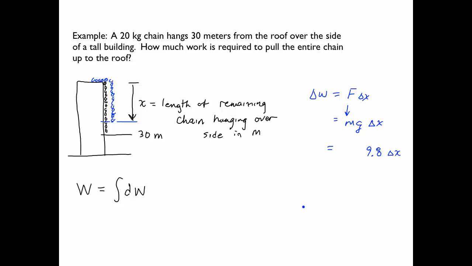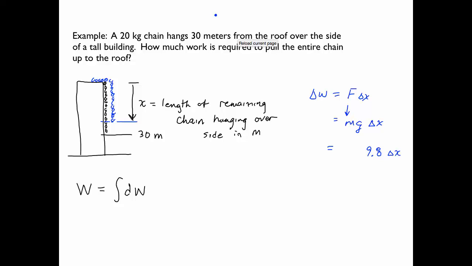If 30 meters is 20 kilograms, how many kilograms is x meters? That's what we're saying. 30 meters is 20 kilograms. Then how many kilograms is x meters of chain? So really what we need is the mass density of this.